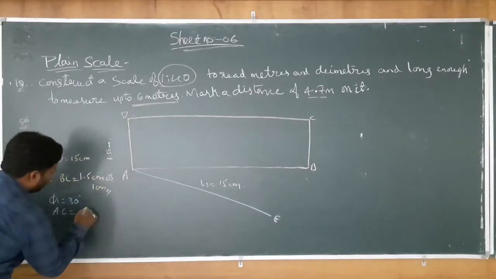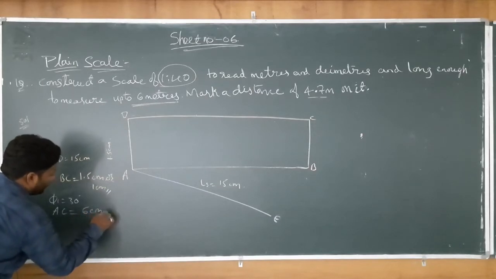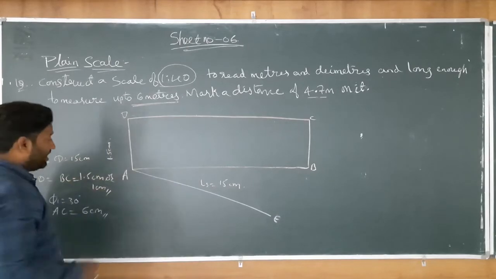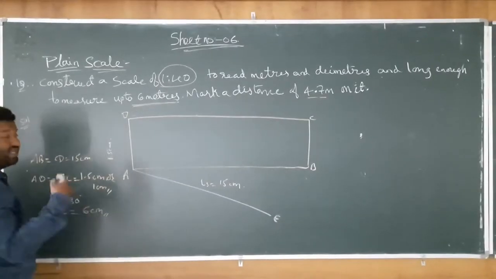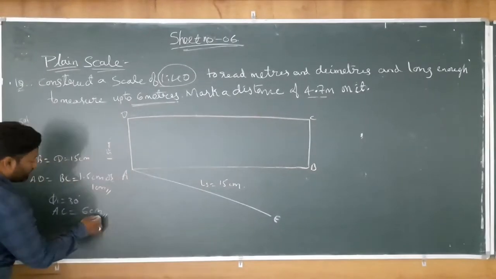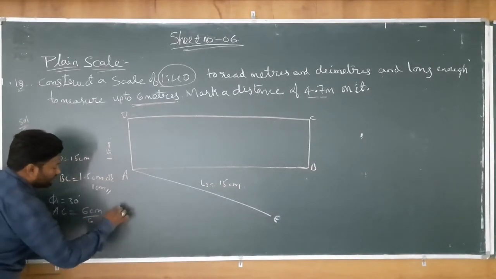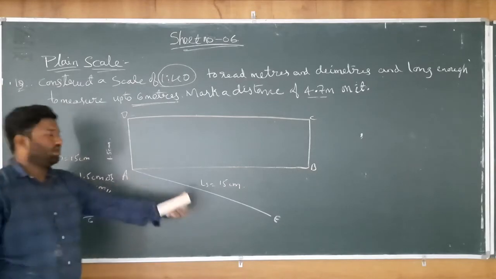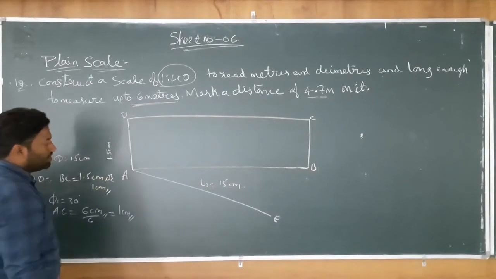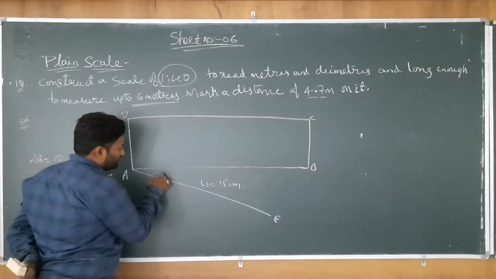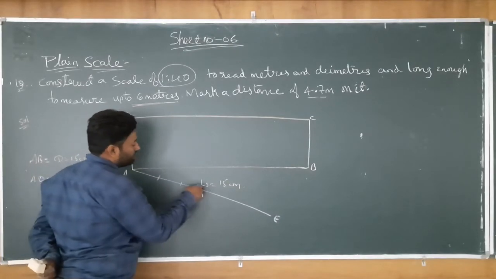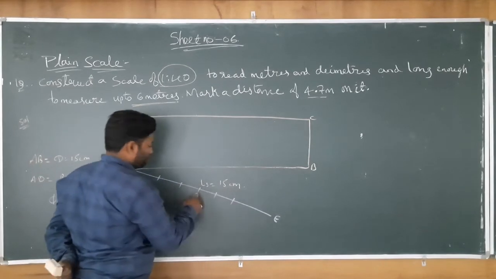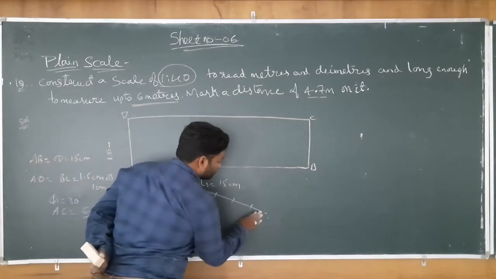So I will take 6 centimeters. AE is equal to 6 centimeters and I will divide this AE length into 6 equal parts. If I divide 6 centimeters into 6 equal parts, I will get 1 centimeter. So each division of AE is equal to 1 centimeter. So I will simply mark here 1 centimeter, 2 centimeter, 3 centimeter, 4 centimeter, 5, and suppose this is my 6.